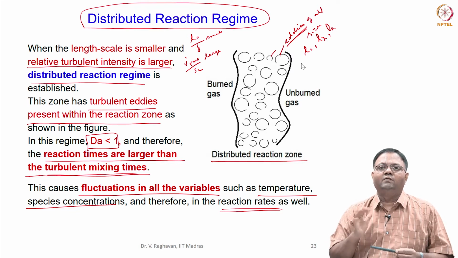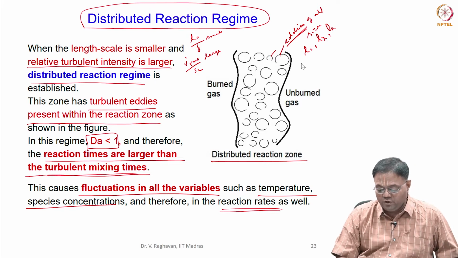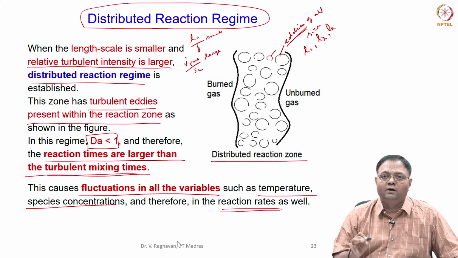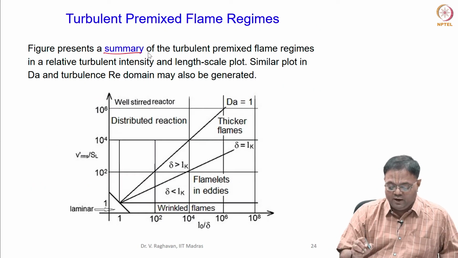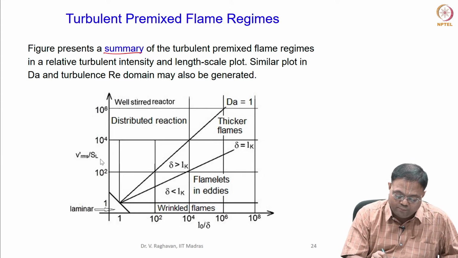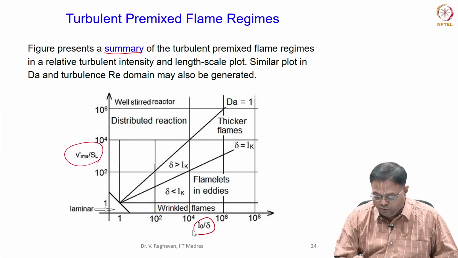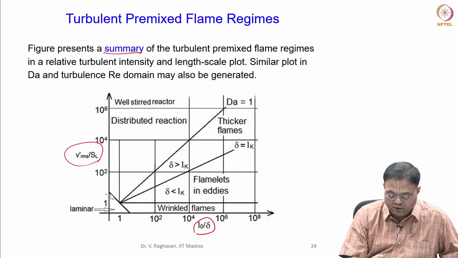Mixing rate will govern the reaction rate here. So, these are the three regimes which are going to be observed in turbulent premixed flames. And in summary, we can see, when I plot a map of the relative turbulent intensity and the length ratio L by del, on a log scale, this is say 10.